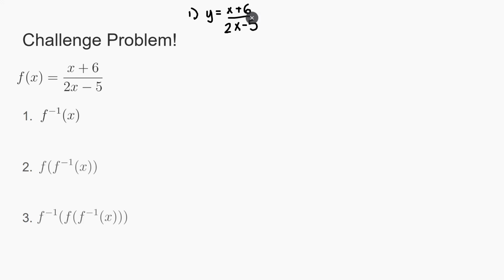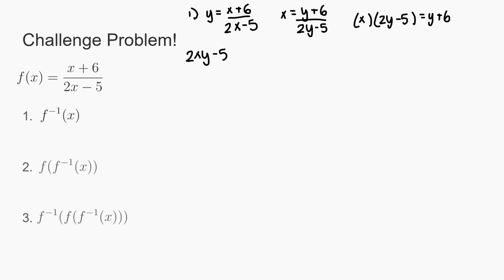Now, let's swap. We get x equals y plus 6 divided by 2y minus 5. We're going to multiply this out to get x times 2y minus 5 equals y plus 6. Multiplying out, we get 2xy minus 5x equals y plus 6.